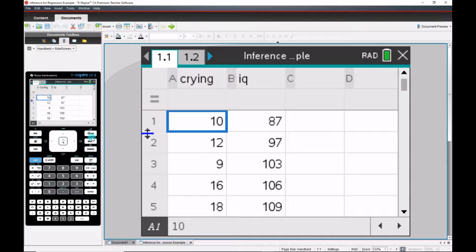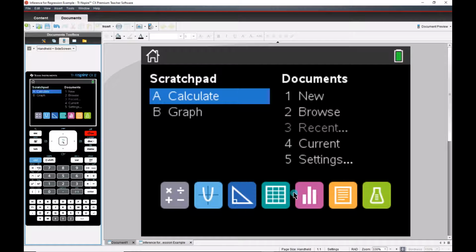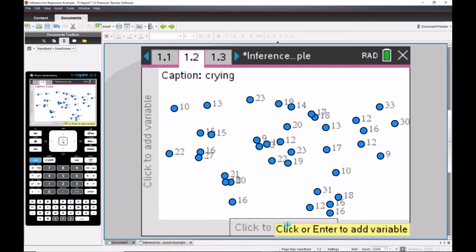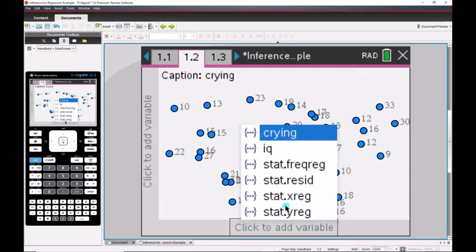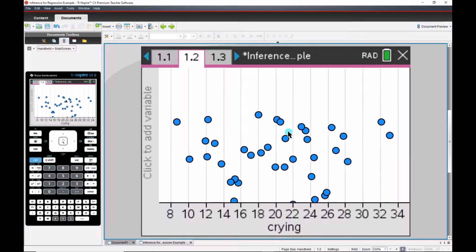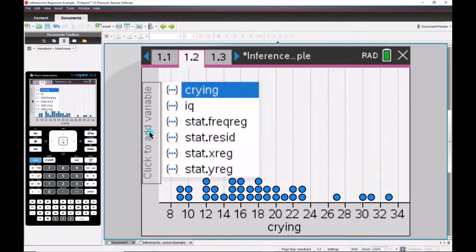The first one, we've got to check the scatter plot to see if we have a linear model. We're using cry count of a small kid to predict IQ.